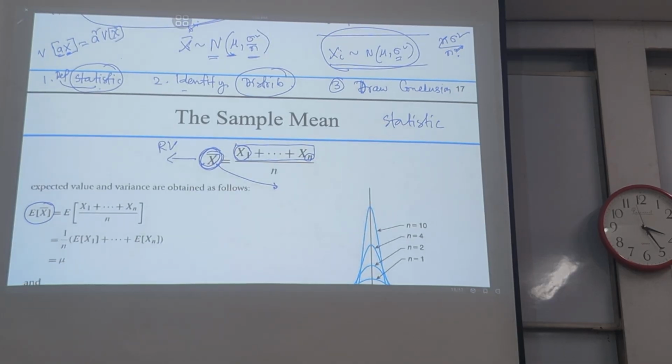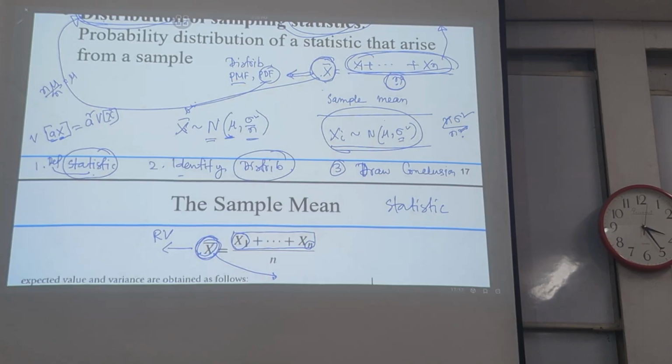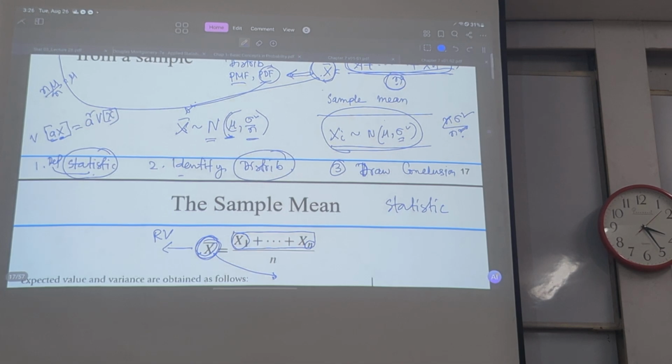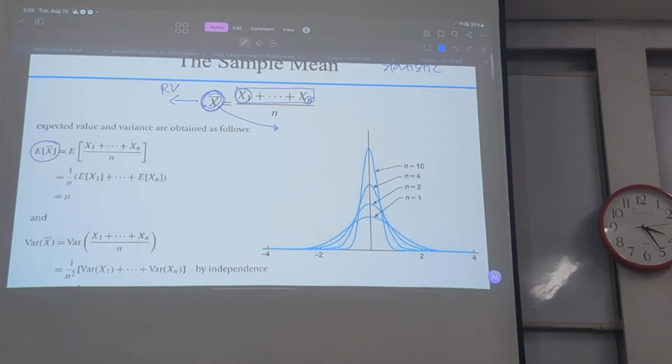Yes, we can, because we just calculated the expected value of the sample mean. What is that? The expected value of the sample mean is mu, right? Here is the formula. The expected value of the sample mean is the expected value of a sum of random variables divided by n.